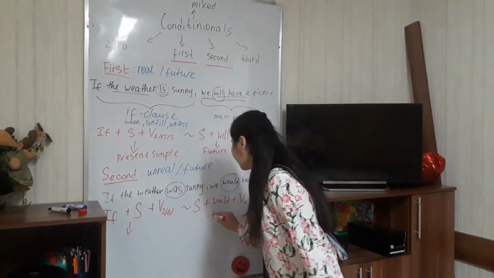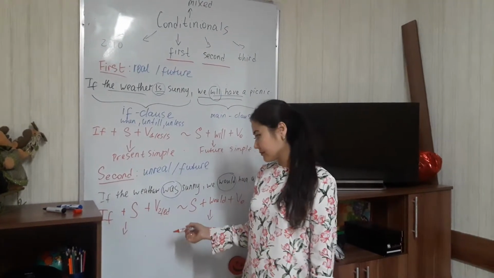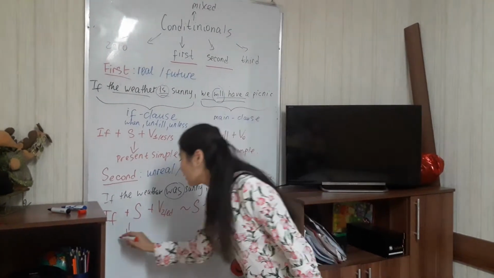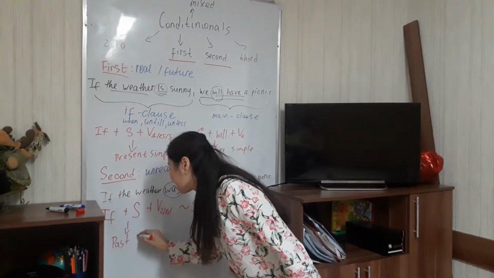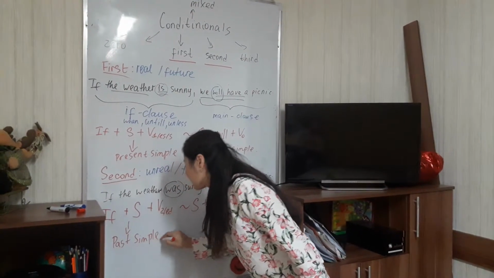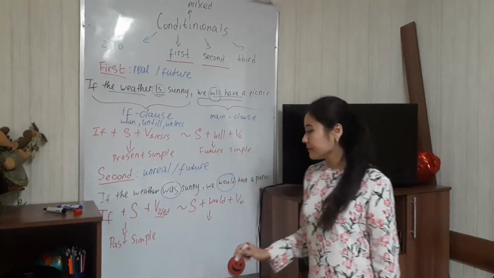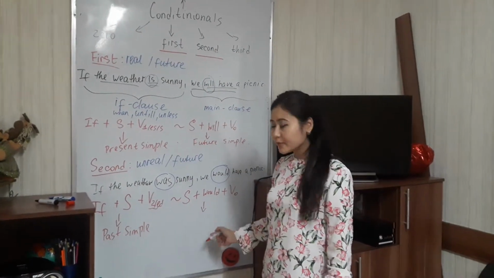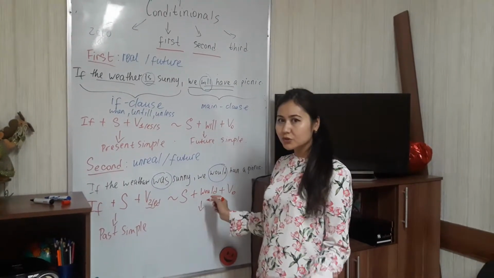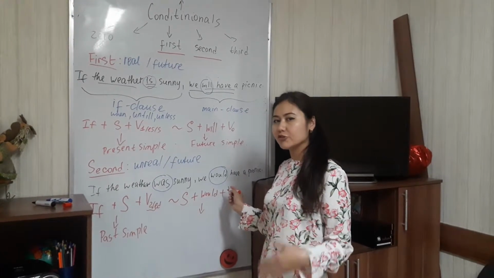Now, which tense is it? It's obvious that this is past simple, according to this verb form. And in the second part, we can see would plus verb 0. This is future in the past.